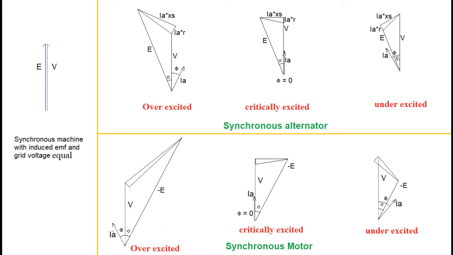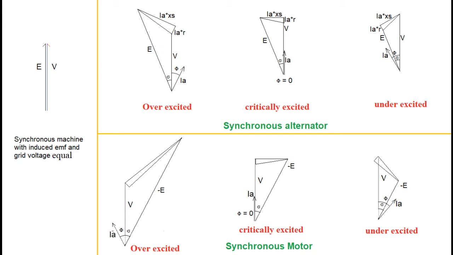So all the sources are working in opposition locally and they work to supply load collaboratively. This shows that both terminal voltage and armature current reverse in comparison with alternator operation.